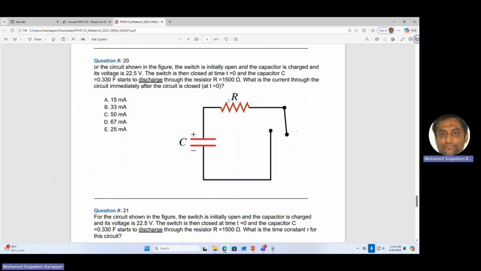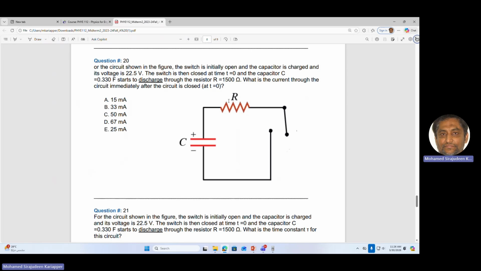When you close the switch, is there a battery here? No. So what happened? The capacitor will discharge through the circuit. Then he is asking, what is the current through the circuit immediately after the switch is closed at t equal to 0, at the beginning, that means.